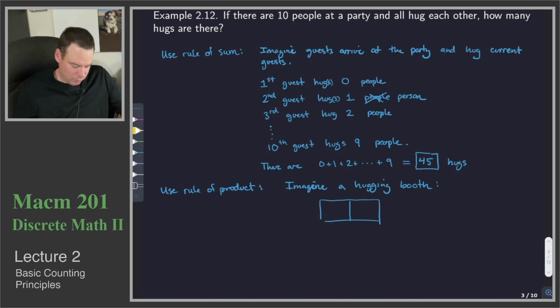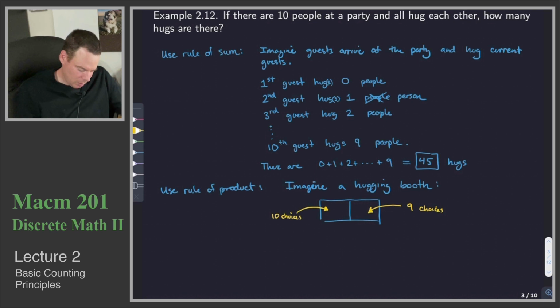So when we think about it in this context, we can say, well, how many choices are there for a guest to occupy this spot in the hugging booth? Well, there are 10 choices. And then how many choices are there for a guest to be in here? Well, once one guest is in one side of the booth, there's only 9 guests left, so there's 9 choices for a guest here.